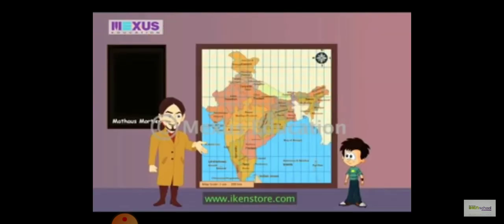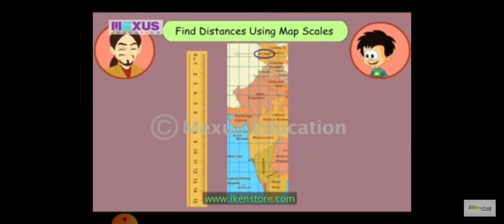Exactly, JC. Now let's find out the distance between other cities. And this time, you will help me. Oh, sure, Matt. Let's find out the distance between Srinagar and Thiruvananthapuram. The distance between Srinagar and Thiruvananthapuram on the map is 15 centimeters.